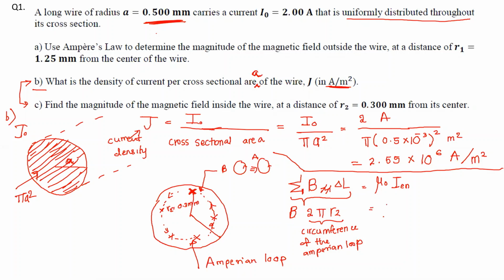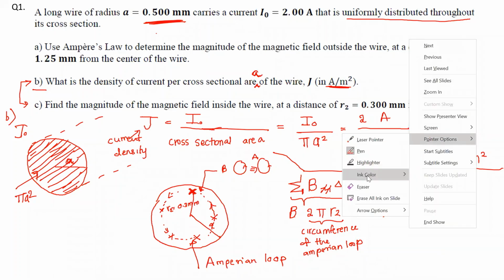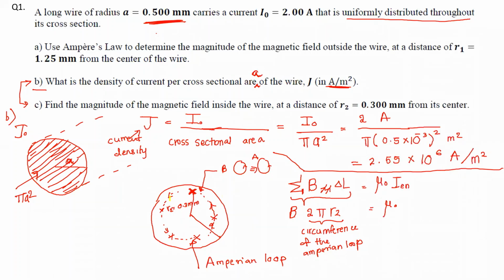Now this is the hard part. What is enclosed? What is I enclosed? Is it I naught like in the previous one? No, right? Because the whole cross section has I naught, but we are interested in the current in this part. So how can we calculate it? We are interested in the current in the loop.